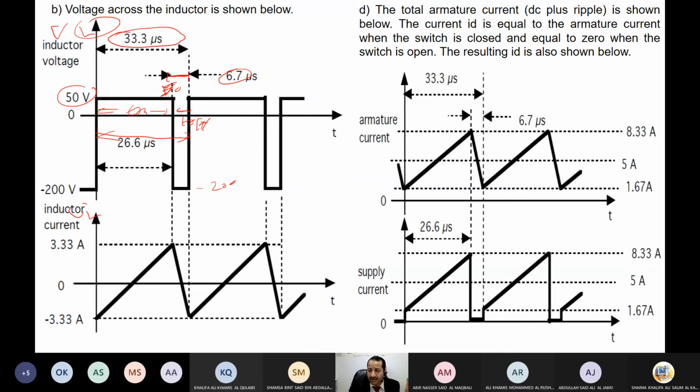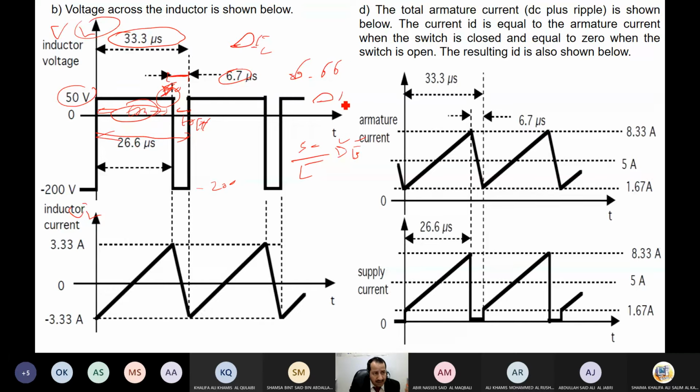Now I want to calculate the ripple, delta I. I know that the voltage here, which is 50, over L, which is given in the question, times DTS, which is the on time here. I have both. I calculate them and I find 6.66.